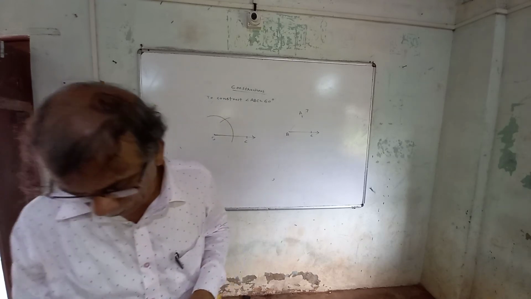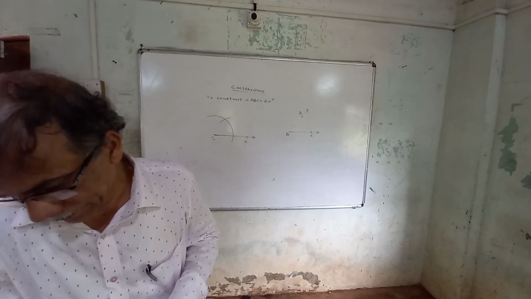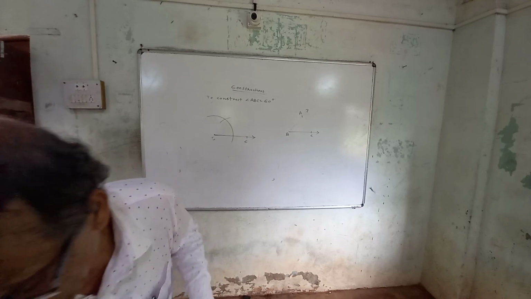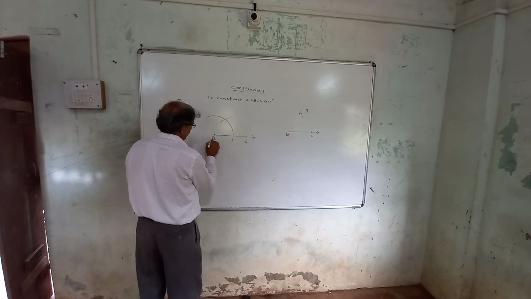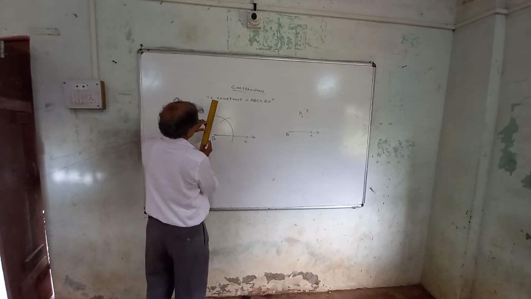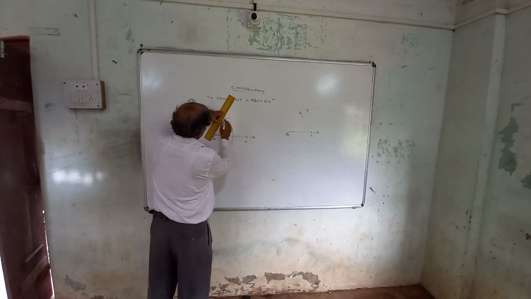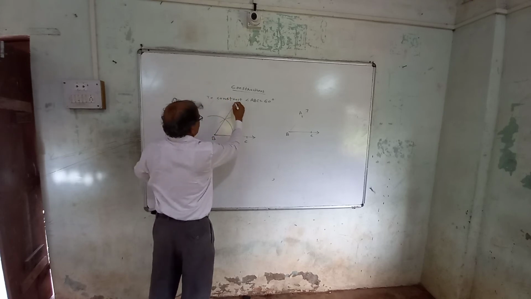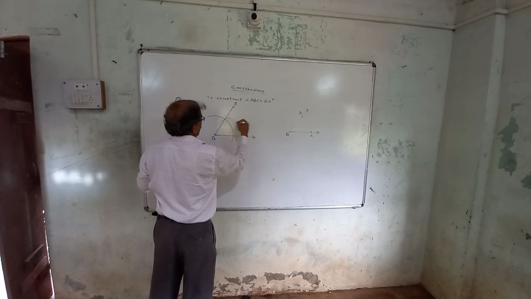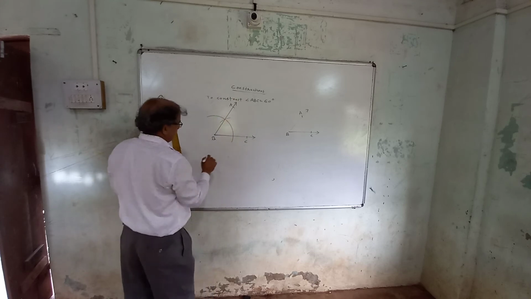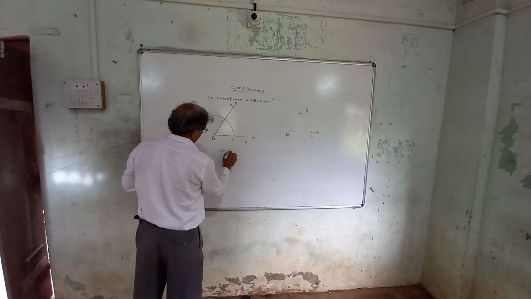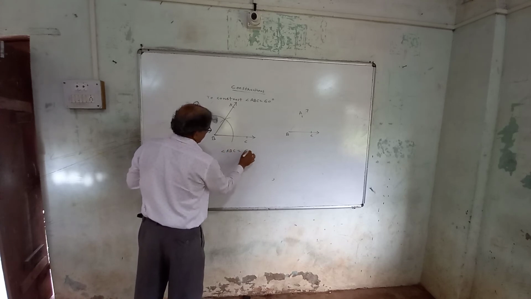Now through this point of intersection you have to draw a ray. So this is our point B. Through this point and vertex B, you draw the ray. And on this ray, somewhere you have to mark point A. So angle ABC will be equal to 60 degrees.